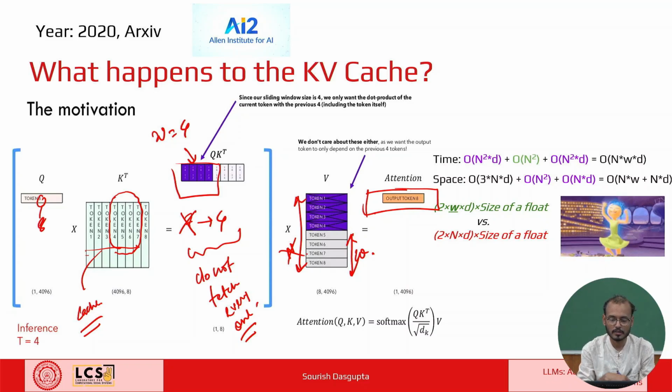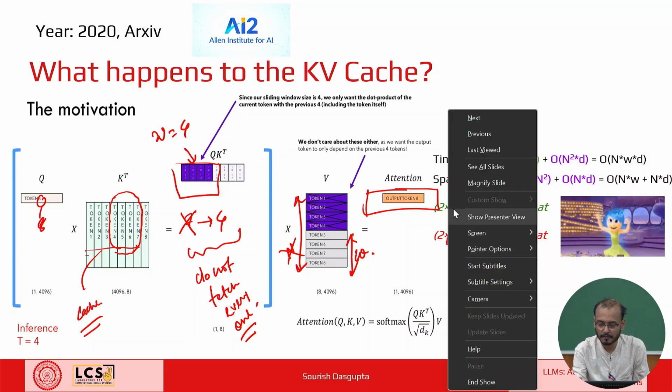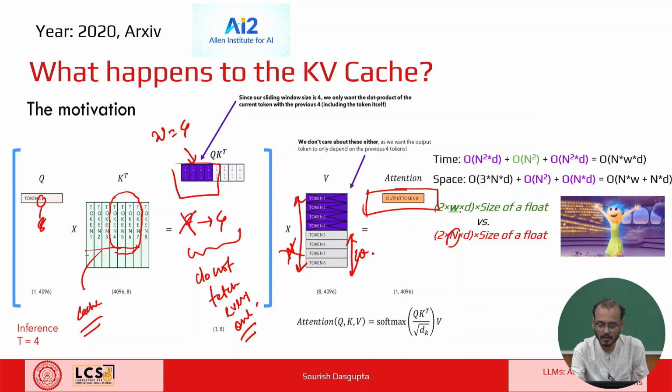So what's going on? It's very simple. What happens in the KV cache storage is that instead of N, it gets replaced by W. Everything remains the same, right? So it's a bit more compression of the storage of the KV cache.